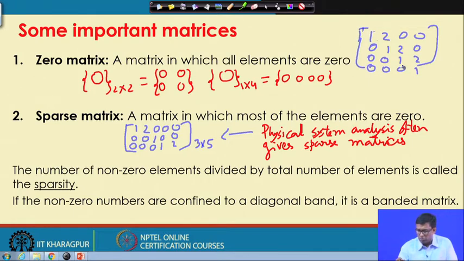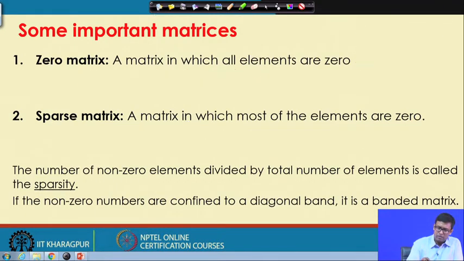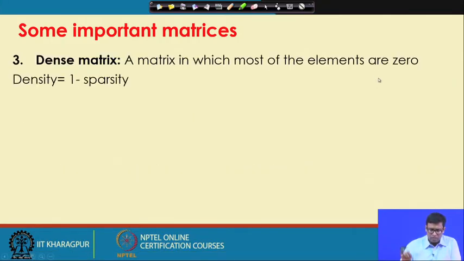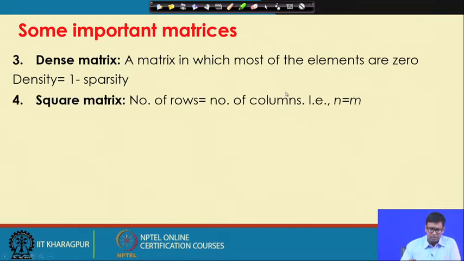So, all the non-zero numbers are distributed along a band near the diagonal, and this is called a banded matrix. There is a dense matrix, where, opposite to a sparse matrix, most of the elements are non-zero, and density will be 1 minus sparsity. So, the number of non-zero elements divided by the total number of elements.